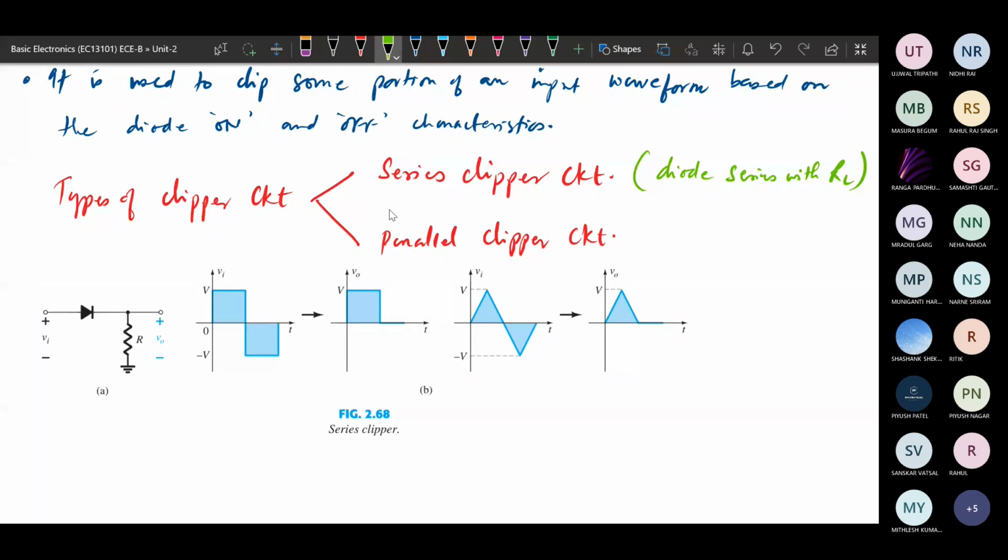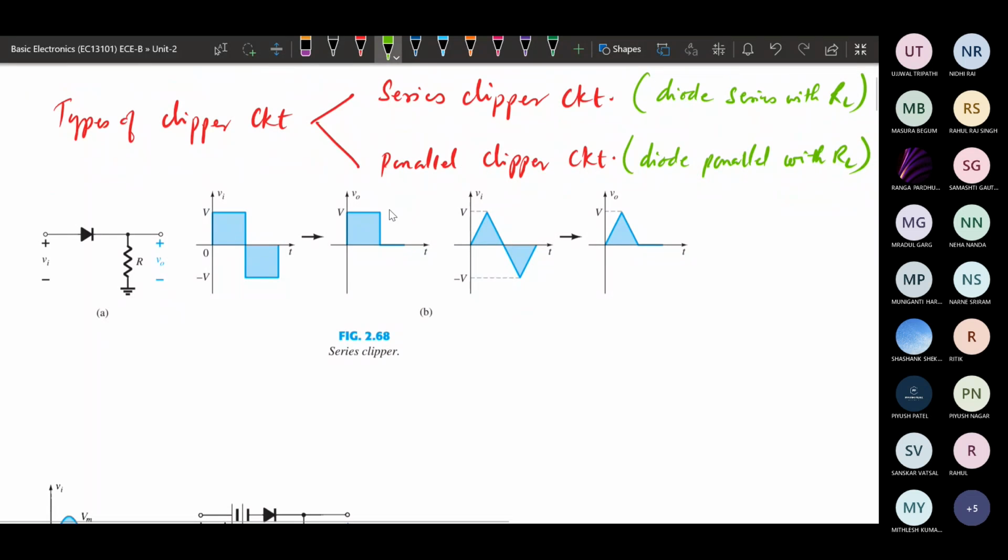Parallel means the diode is in parallel with the load resistance. The first one is the series clipper circuit.